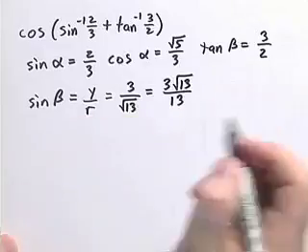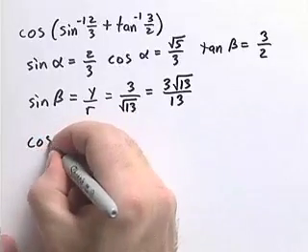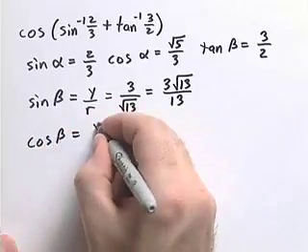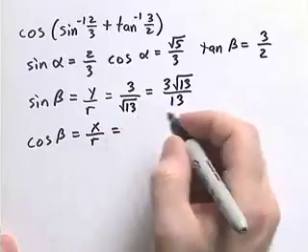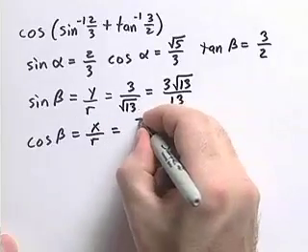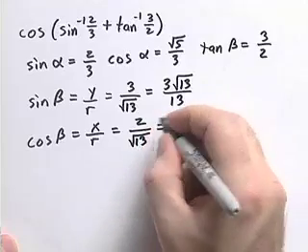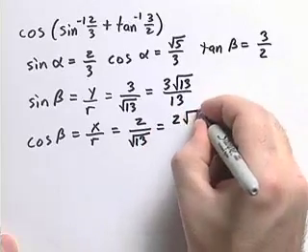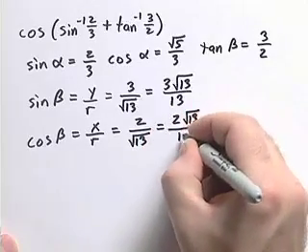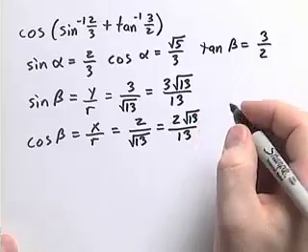We'll also need the cosine of beta. Cosine of beta is equal to x over r. X is 2. And we had r was the square root of 13. So cosine of beta is equal to 2 times the square root of 13 divided by 13.